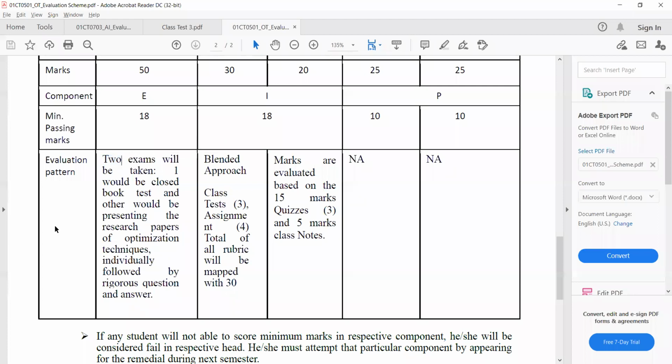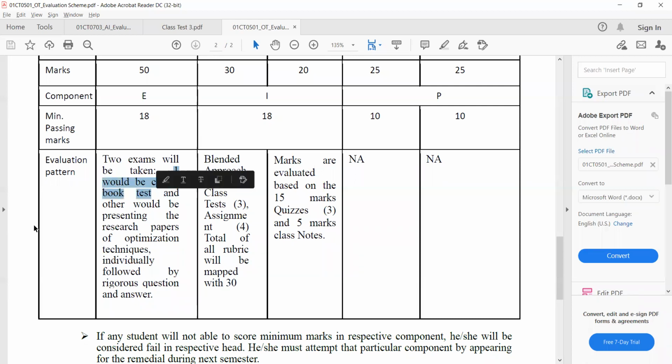One exam will be the closed book exam, and the other will be the presentation of research papers on optimization techniques. I will tell you which types of papers you can present, or you can search on Google about the types of papers, but not today. I will tell it next week because today I am more interested in the declaration of this first part, that is the first ESE closed book test.